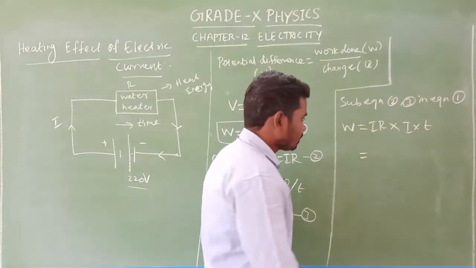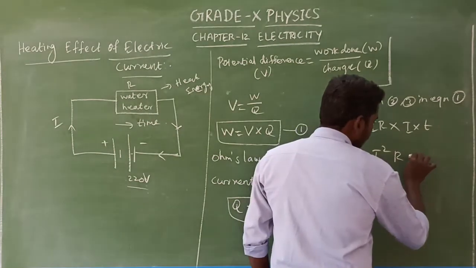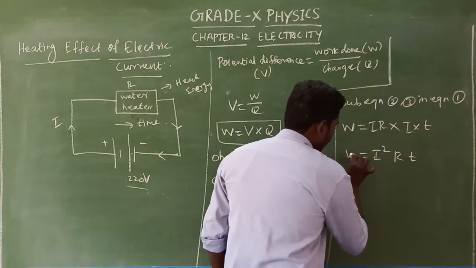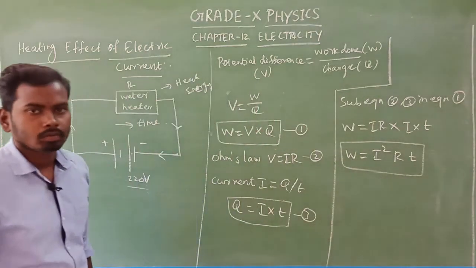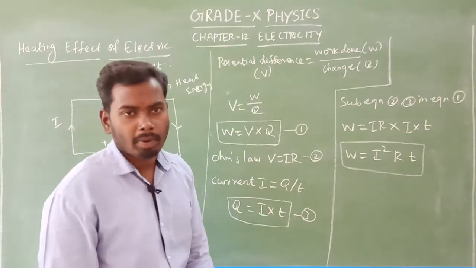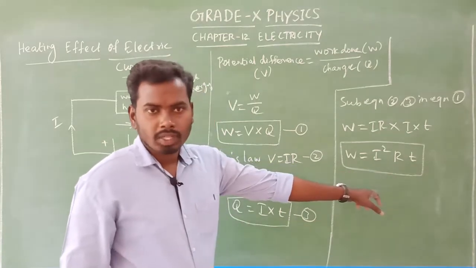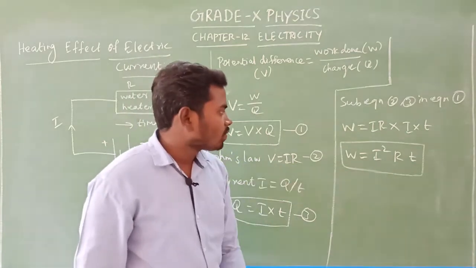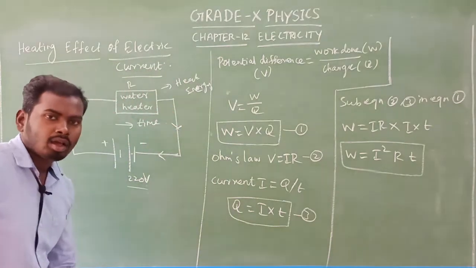I into I is I square, so W equals I square R T. That is the heat formula, giving how much heat is produced by an electrical appliance when it is used for a particular time.